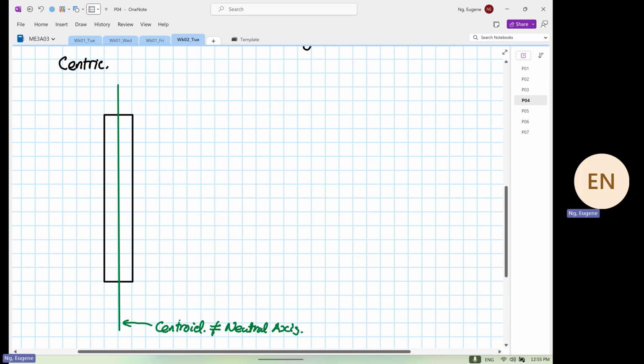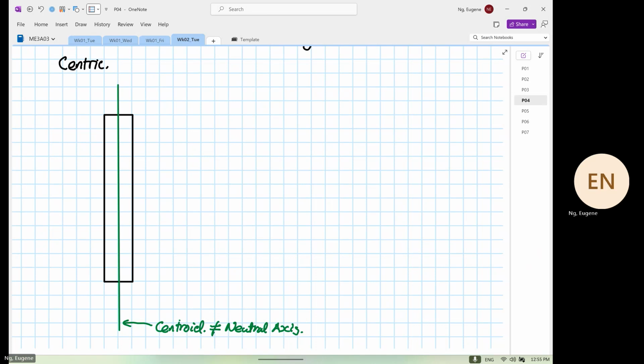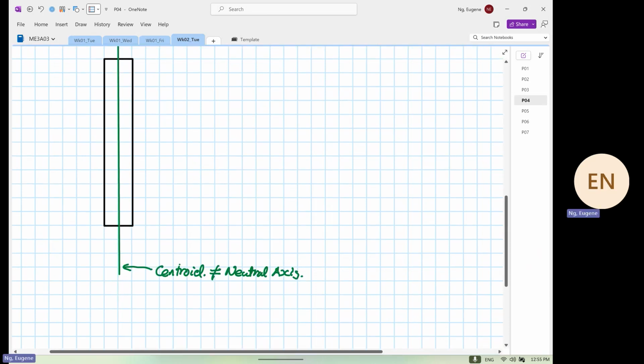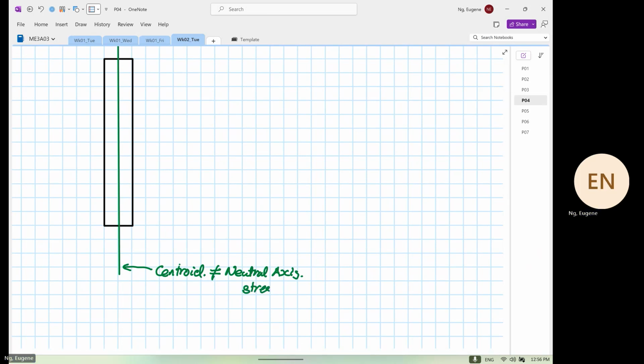What's the neutral axis? So neutral axis is based on what? It's based on stress field. You're right. When stress is equal to 0. What's the centroid?